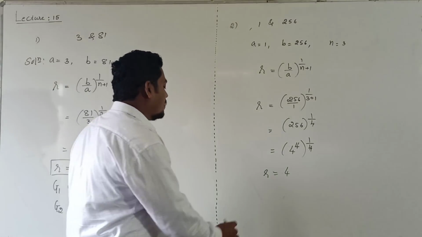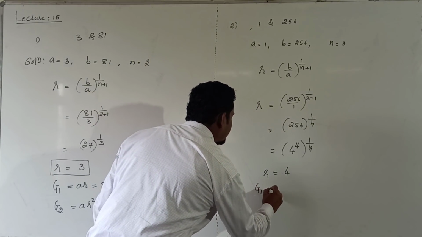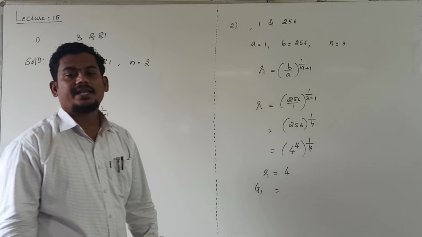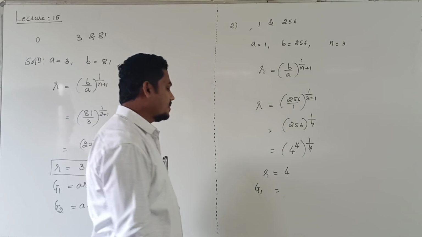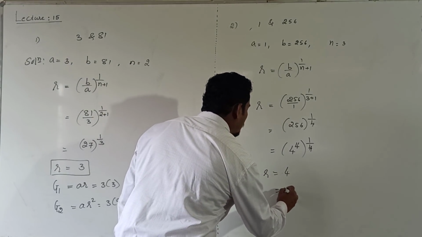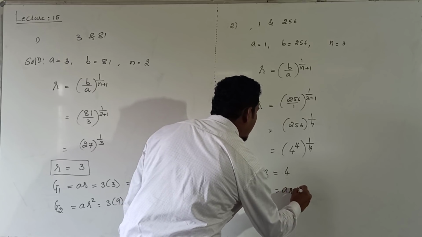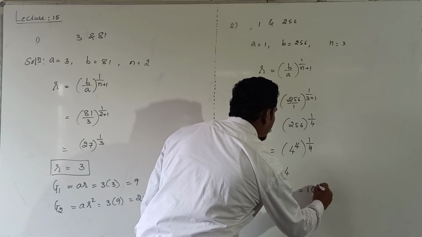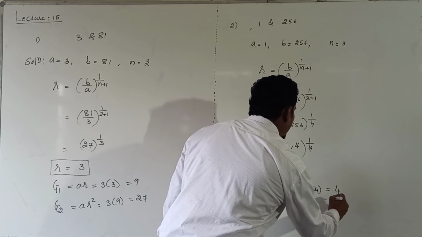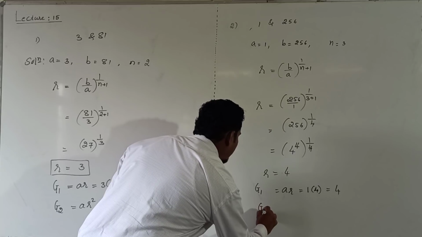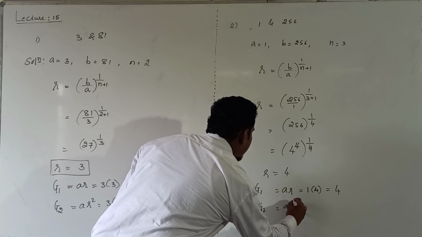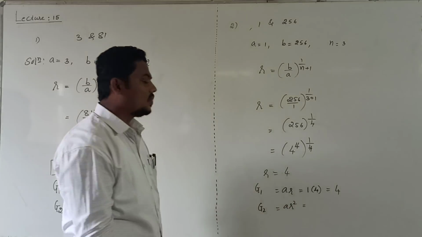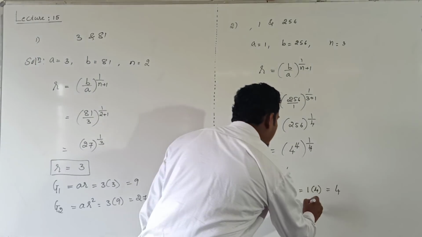After getting r value, write G1. Geometric mean between two numbers. G1 is equal to a into r. That's equal to, what is a value? 1 into 4. That's equal to 4. G2 value is a into r square. It is inserting number 2. A is here 1.